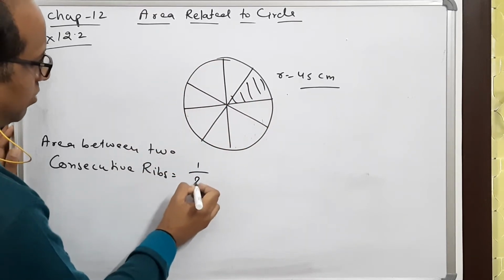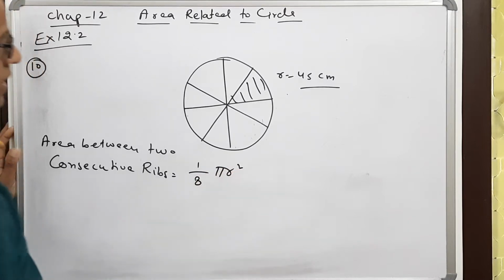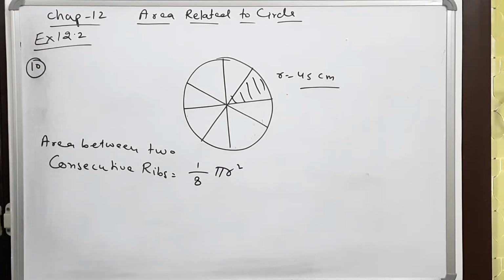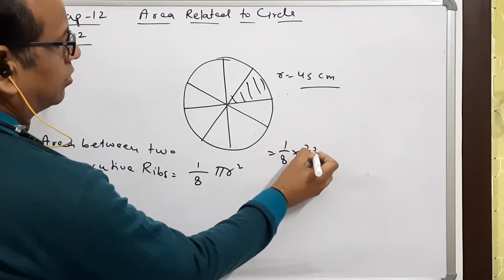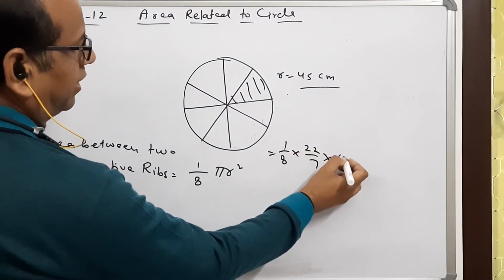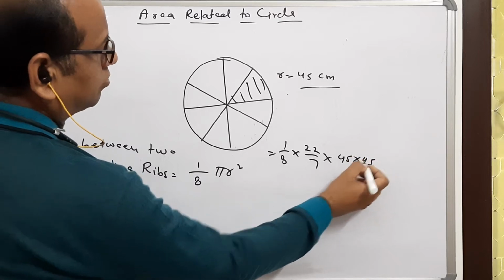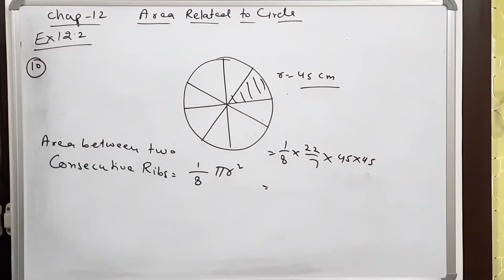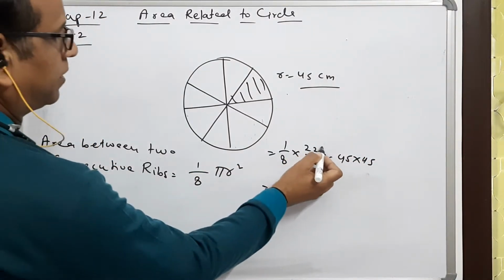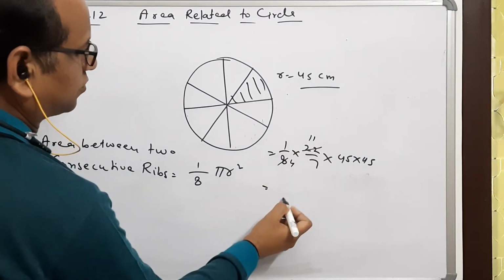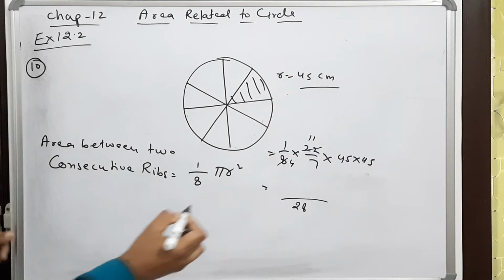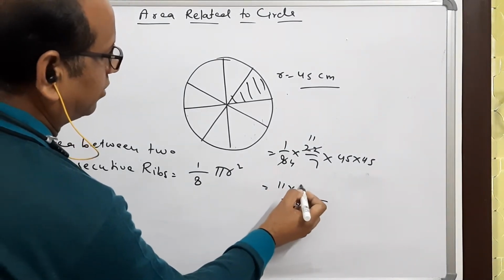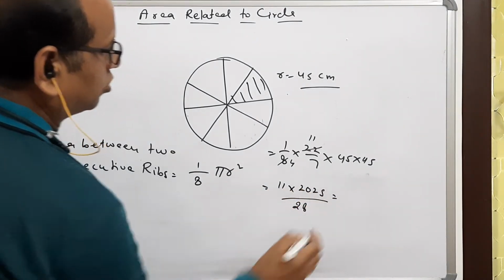So the answer will be 1/8 pi r square. It's not very complicated. So the answer is 1/8, 22/7 and 45 into 45. With the help of this problem, it is 11 and this is 4. So divisor is 4 and the numerator is 11 into 2025.